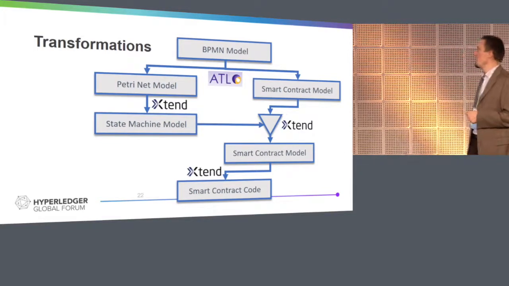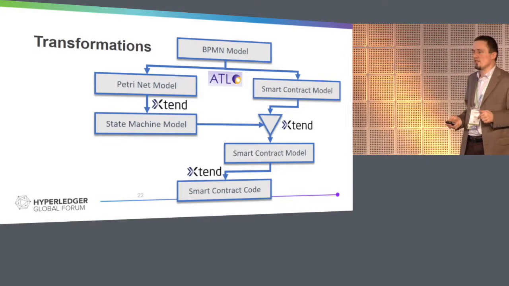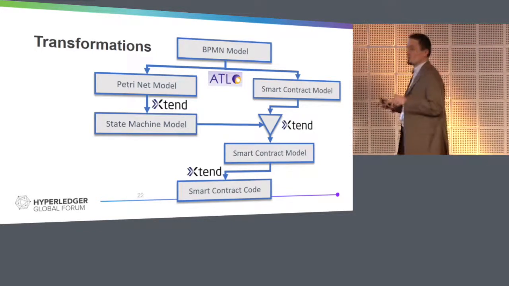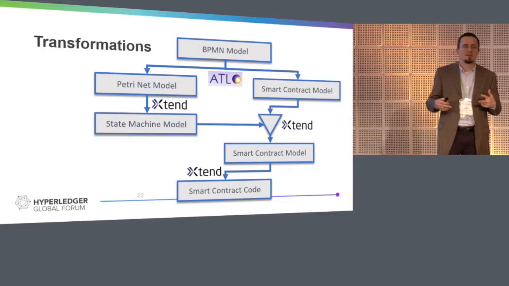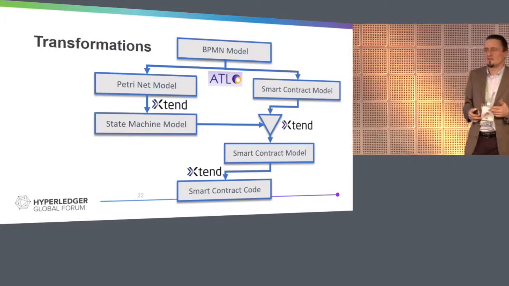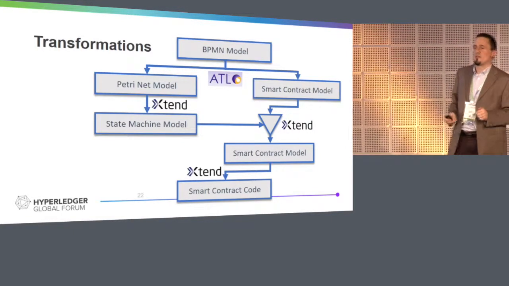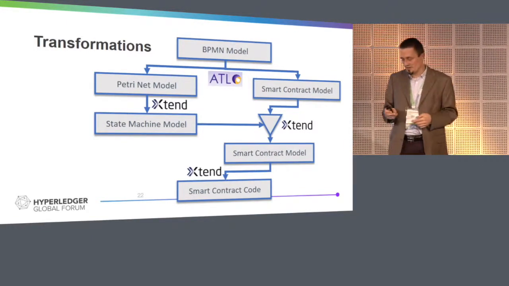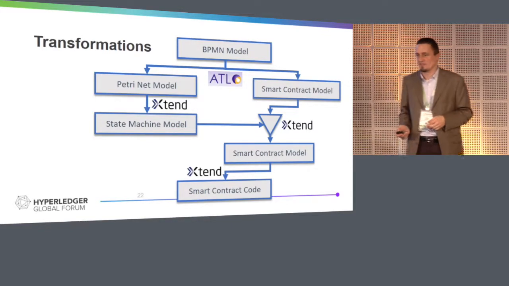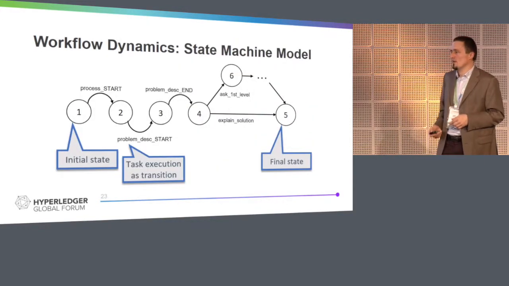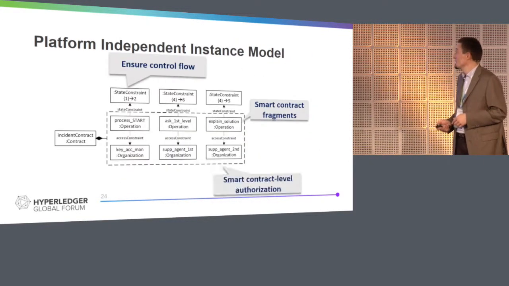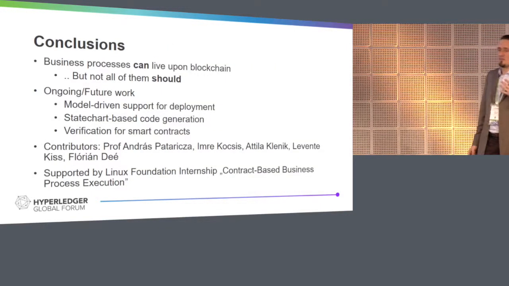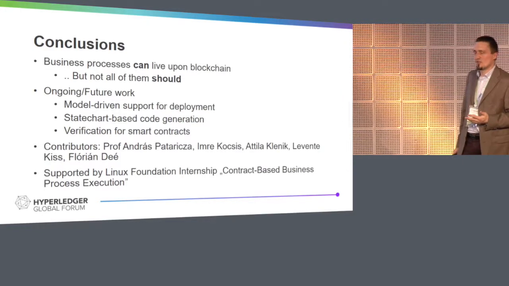So when I was telling that if you were coming here by a vehicle, then you were most probably using some software which is generated automatically, then we can also add that it's very probable that you were also using software which is created or partially created by some of these technologies, because these are used in airplanes as well, for instance. So basically, that was what I'd like to say about business process support in blockchain.